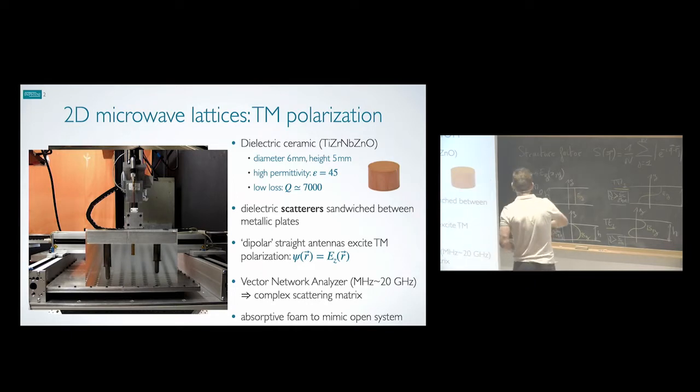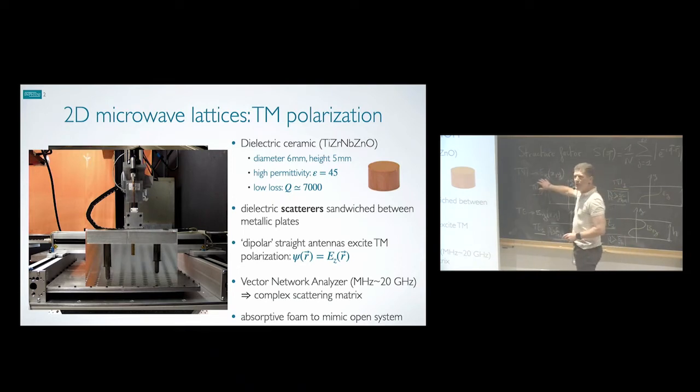We generate a TM polarization, and just to be sure, for me TM means you have a dipolar antenna in this direction, so I excite the electric field polarized in this direction, and I have several modes to play with. In the experiment I'm going to show you the results, we will stay focused on a TM0 mode, where the electric field is constant in the Z direction, which means that we stay below the cutoff frequency of the appearance of the TM1 mode.